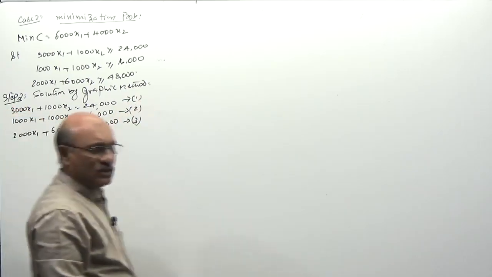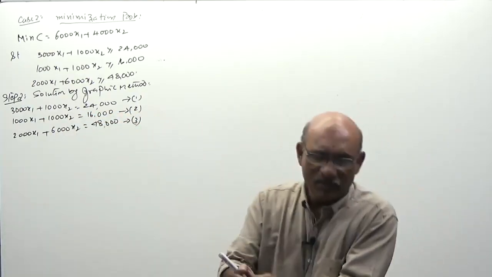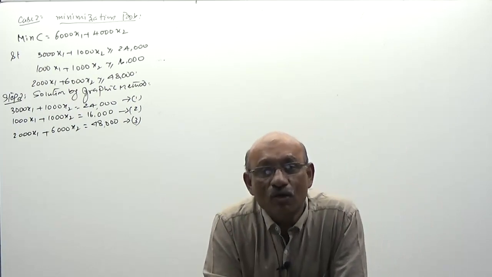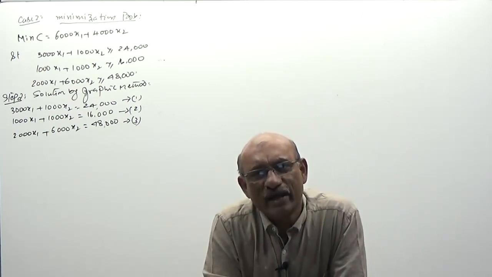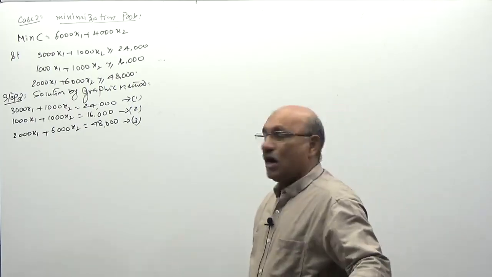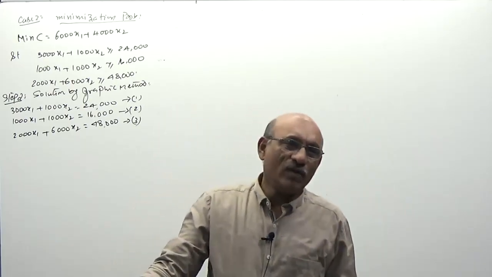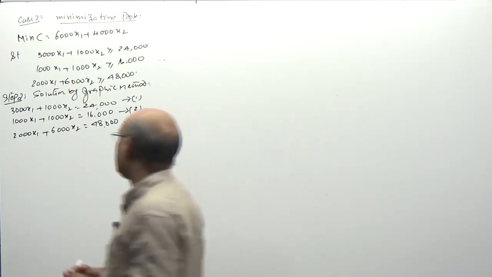This way 3 equations we have, sir. Variable x1 I am representing on the x-axis, variable x2 on the y-axis. On the x-axis, every y point is 0, and on the y-axis every x point is 0.